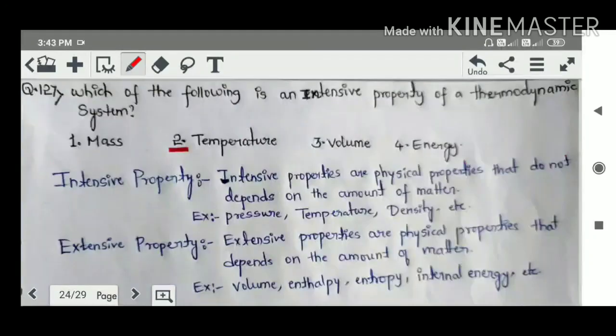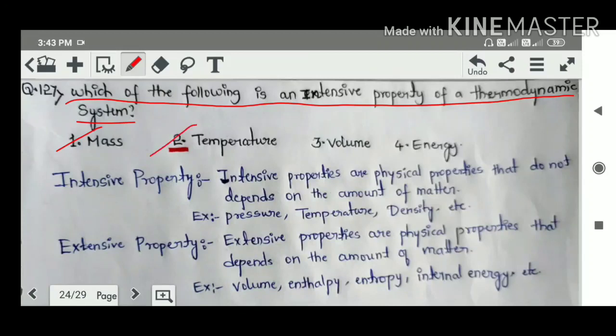Okay, let's move on to question number 127. Which of the following is an intensive property of thermodynamic system? The options are mass, temperature, volume, energy. First we will see what is intensive property. Intensive properties are physical properties that do not depend on the amount of matter.